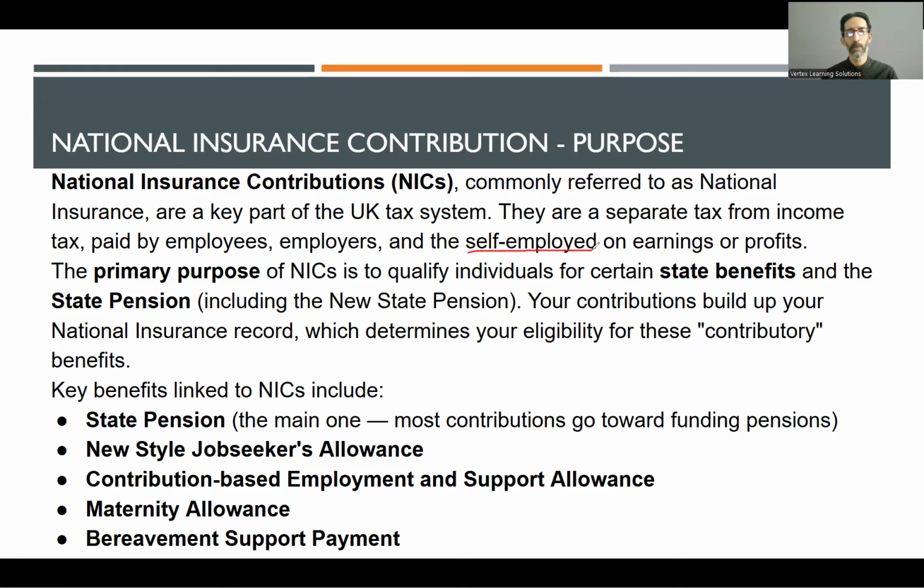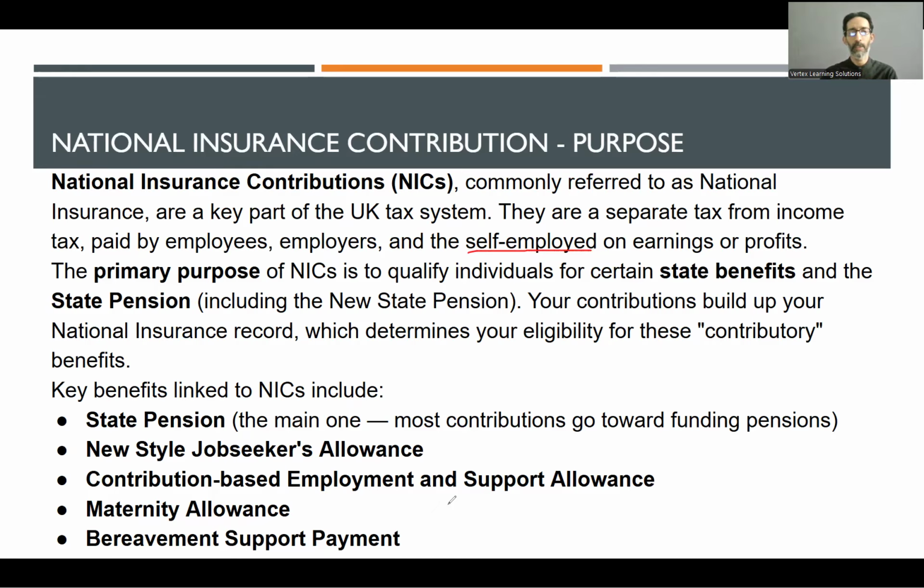And when you keep on contributing, a fund is being built that works for, number one, the state pension, and the new style jobseeker's allowance. People who are unemployed and looking for a job need certain allowance. Then they have the contribution-based employment and support allowance.